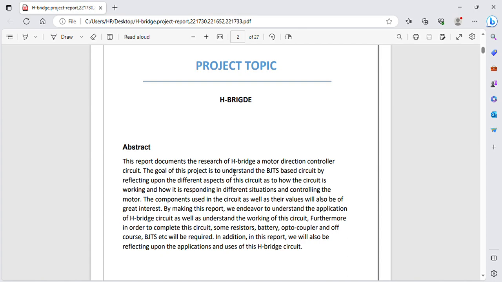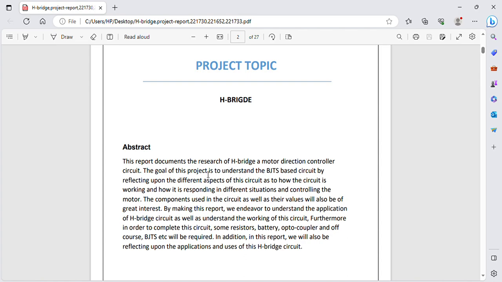The controlling motor, the components used in the circuit as well as their values will also be of great interest. By making this report, we are able to understand the application of the H-bridge circuit as well as the working of this circuit.